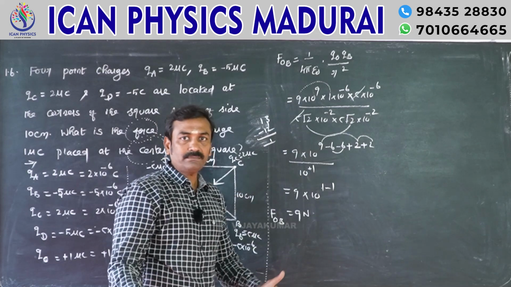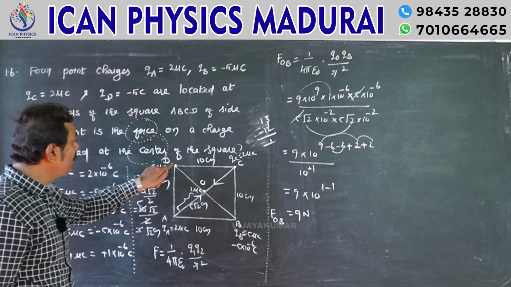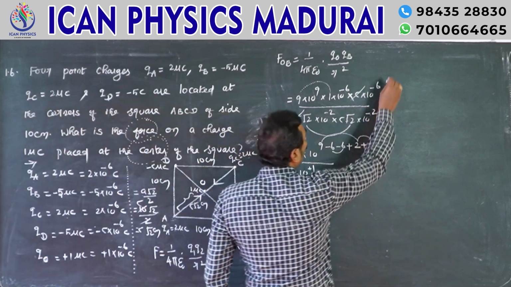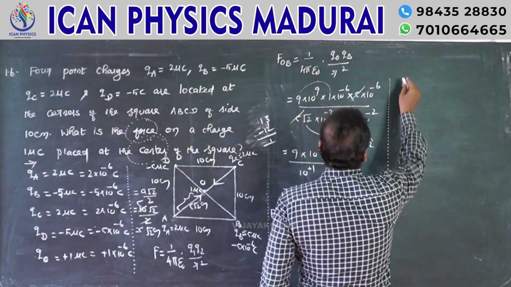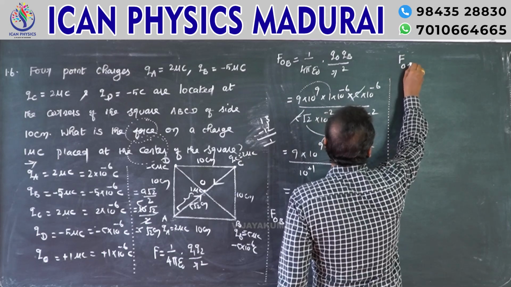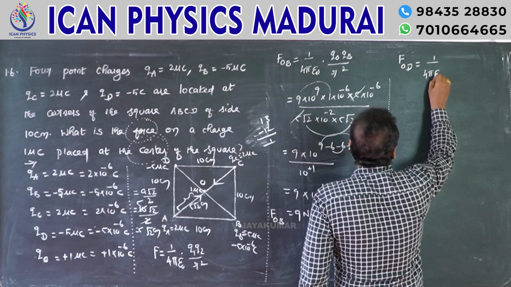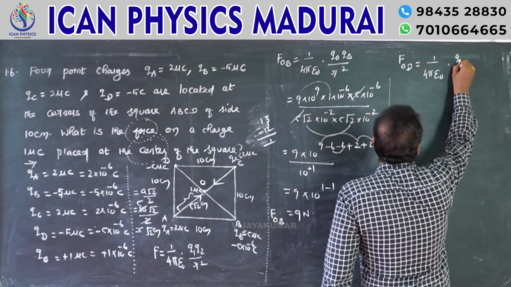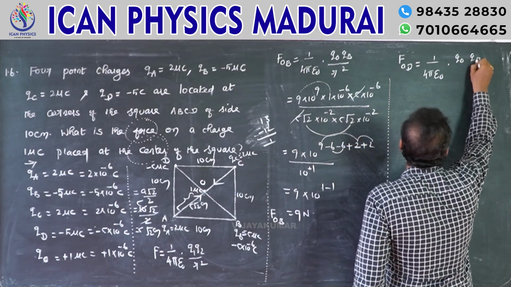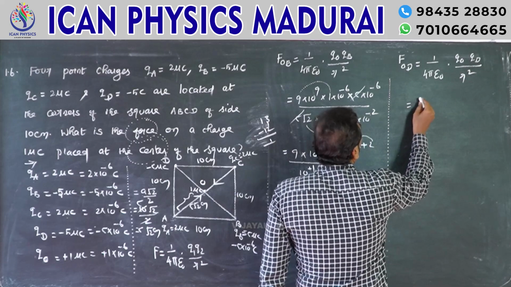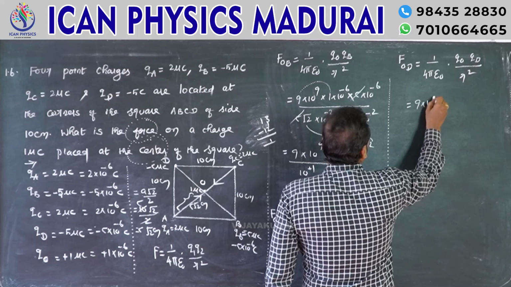Okay, now do you get it? Finally, we can go for the force between D and O, or between O and D. The force between O and D is equal to 1 by 4 pi epsilon 0, Q naught into QD divided by R squared. 1 by 4 pi epsilon 0 is 9 into 10 to the power 9.